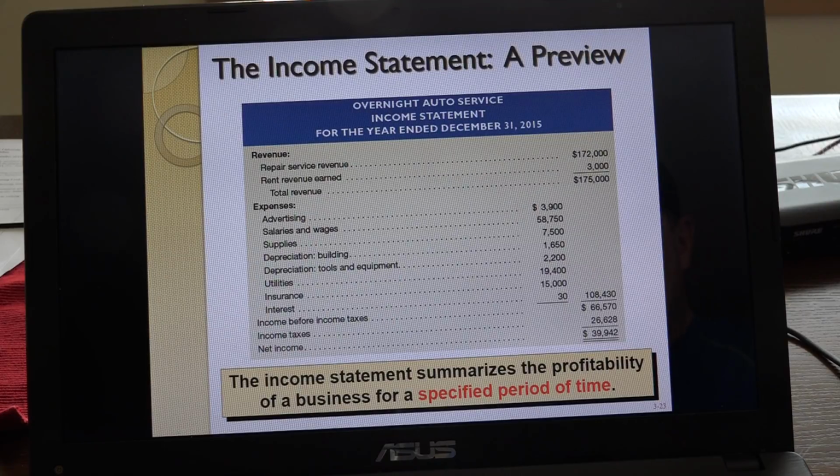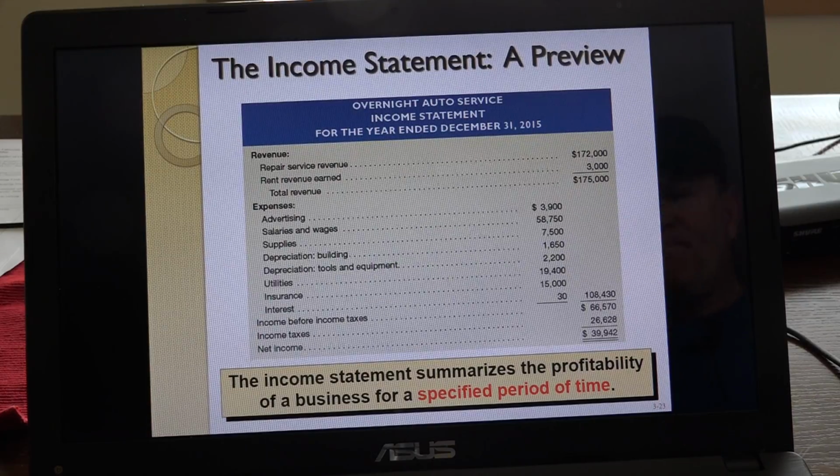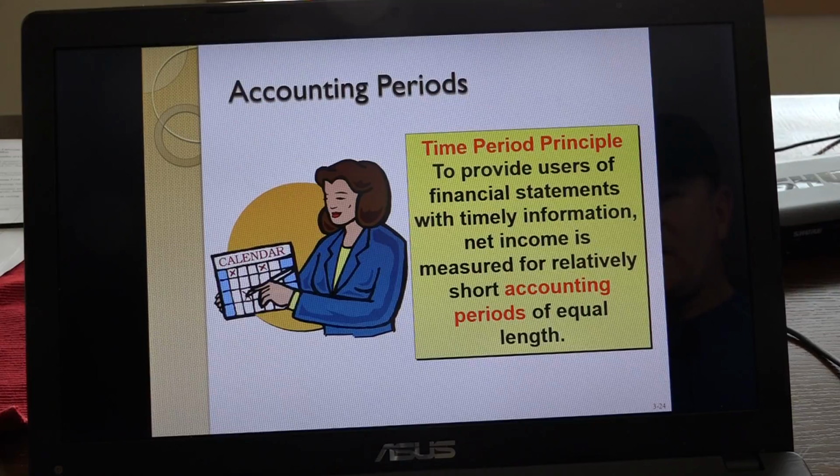Notice again at the top you have your heading, identifies the company, the financial statement, and the period for which it's for. And note that it was year, so what we call calendar year end financial statement.